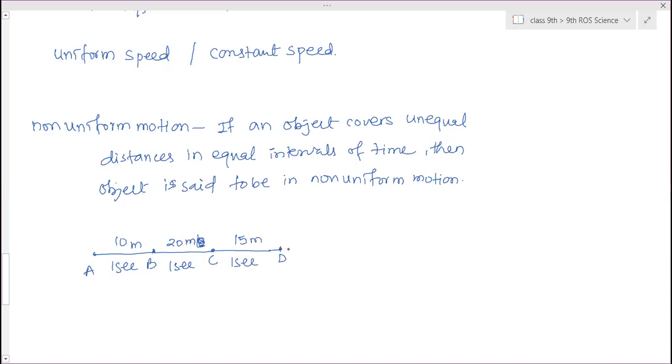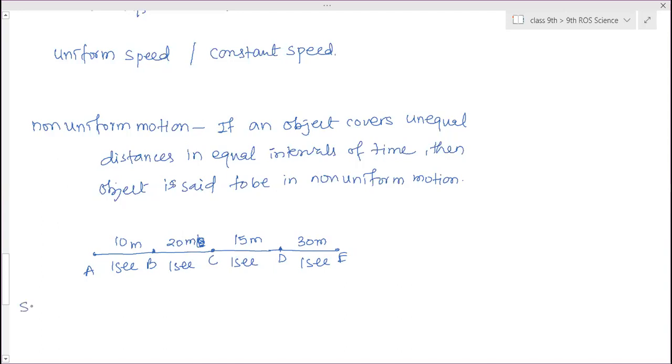Maybe traffic is more. Again moving from D to E, in the next 1 second, it has covered 30 meter distance, because again there is no one there, so it has traveled faster. In this case, the time interval is the same, but the distance covered is not the same. So this type of motion is called non-uniform motion.